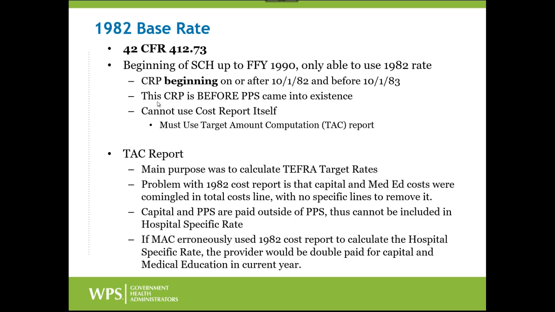For that reason, when we're using this 1982 base rate, it's not actually from the cost report itself. Instead, there was a separate calculation called the target amount computation, or TAC report, that makes adjustments to convert this essentially to a PPS rule-based calculation, which is what's required to determine PPS payments down the road.